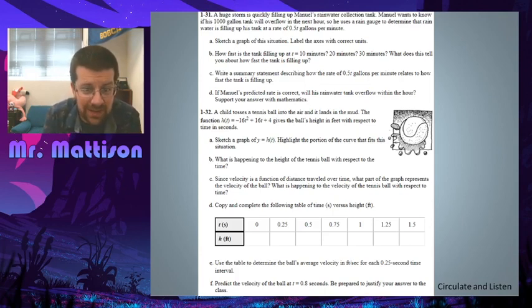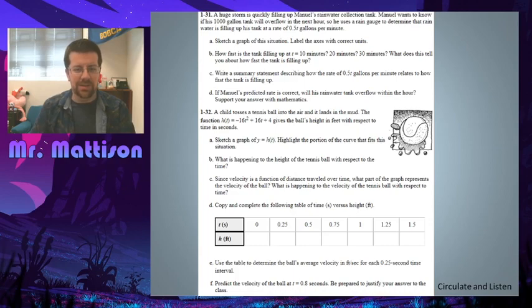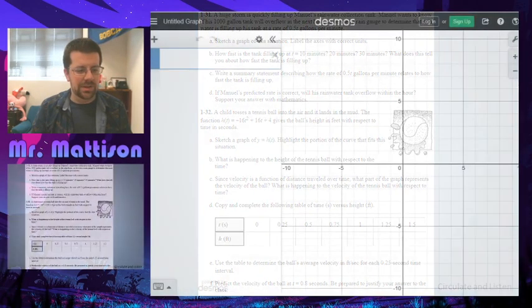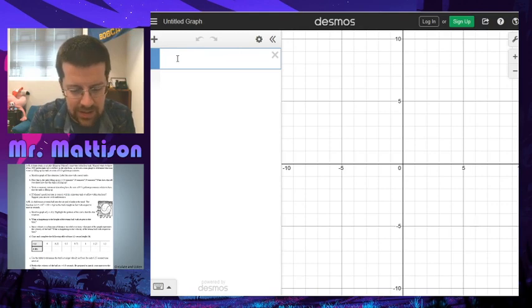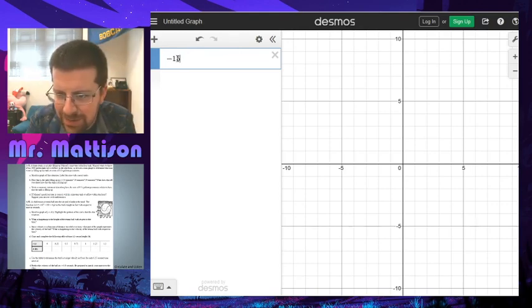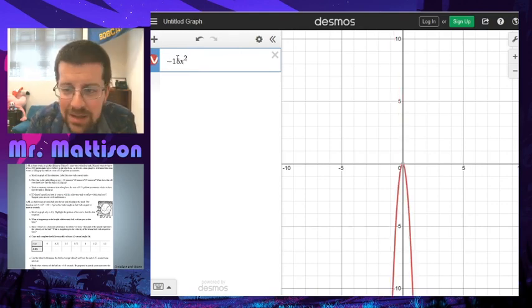if I sketch a graph of this, what should this look like? Well, you can kind of already make a prediction, but if we pull up Desmos, we can actually graph this relatively easily. So let me just change this over to a Desmos view for you. And then, so we're going to be graphing negative 16. I'm going to use x as opposed to t because Desmos prefers x's.